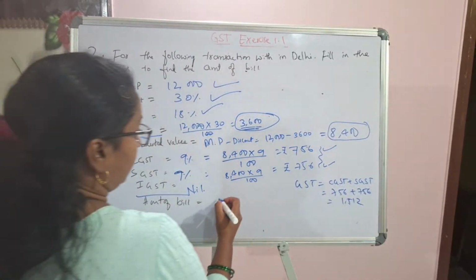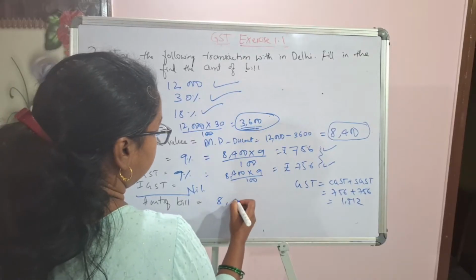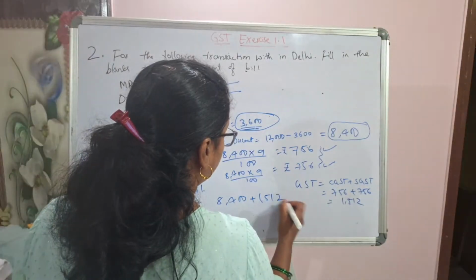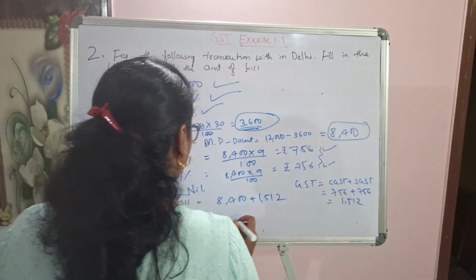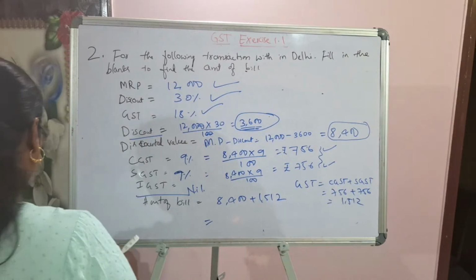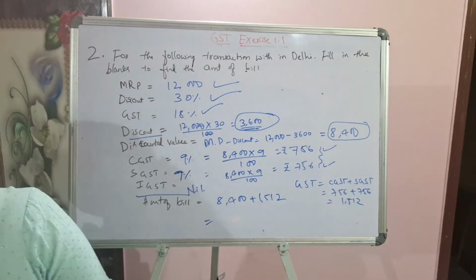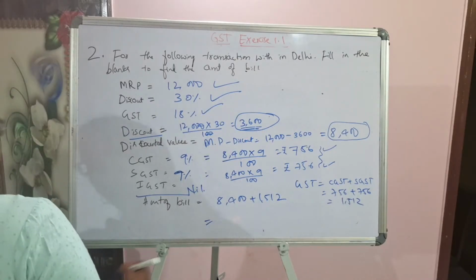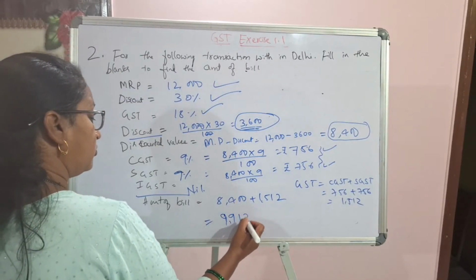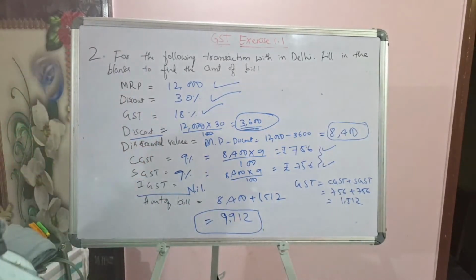So the total amount paid for the bill is 8,400 plus 1,512, which is equal to 9,912, the final answer.